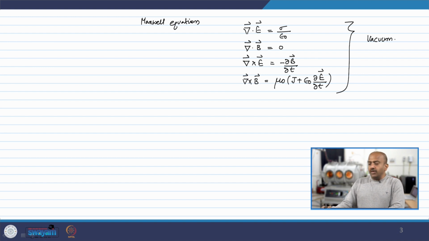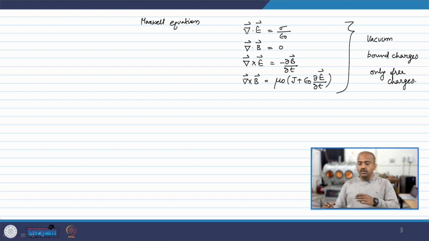How do we characterize vacuum? Vacuum can be the condition in which there are no bound charges. So, effects only due to free charges are considered in this set of equations. What it means is that effects such as magnetization and polarization are not included in these equations.